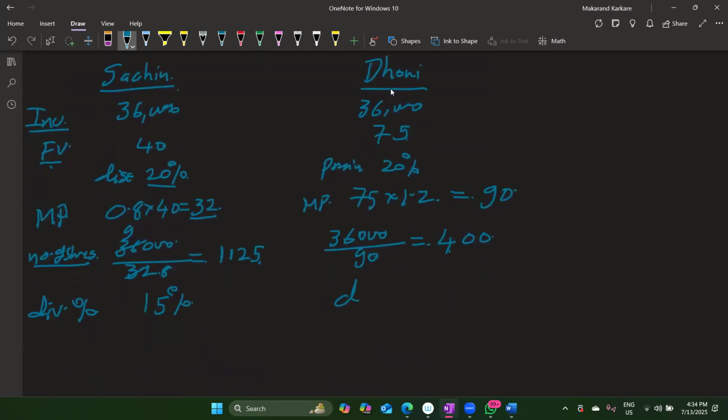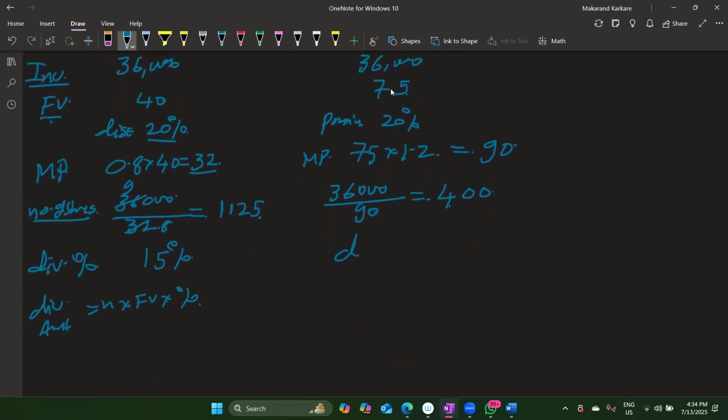So in this case, how do we calculate dividend? Amount is equal to N into face value into percent, right? So this is going to be 1125 into face value is 40 into 15%. So 15 upon 100. And that is going to be same as 900 into his face value is 75 multiplied by D divided by 100.